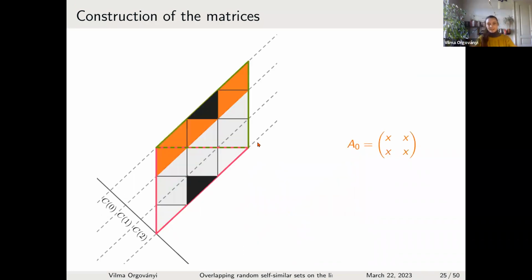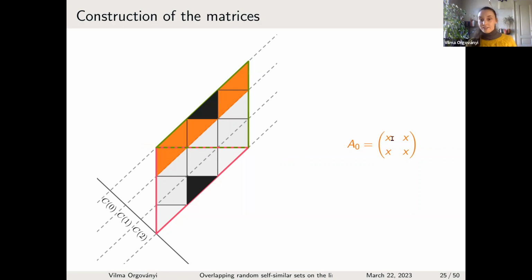So how to do this? For each of the columns, we will have a matrix, and these matrices will be 2 times 2 matrices because we have 2 shapes, the pink triangle and the green triangle. The first row will tell us what happens in the big pink triangle, and the second row will tell us what happens in the big green triangle.